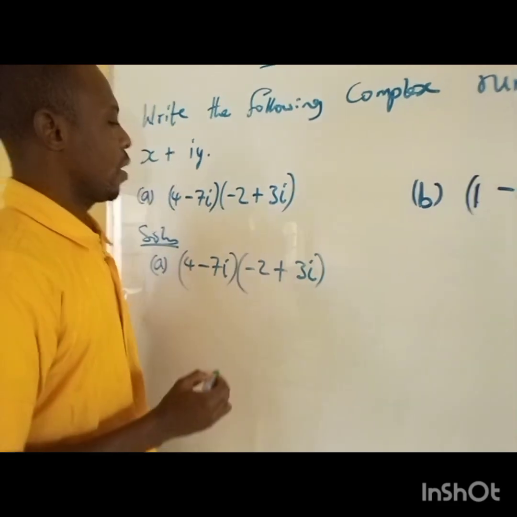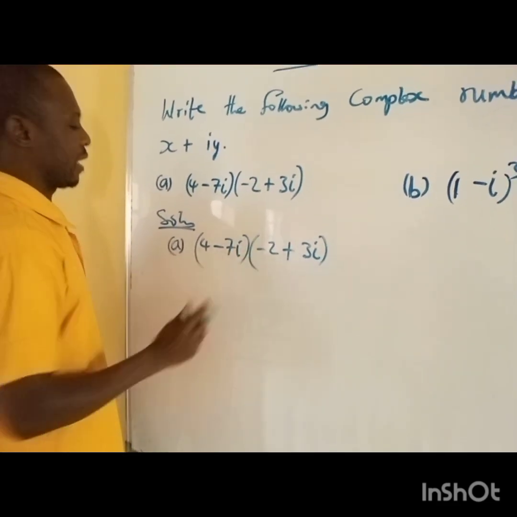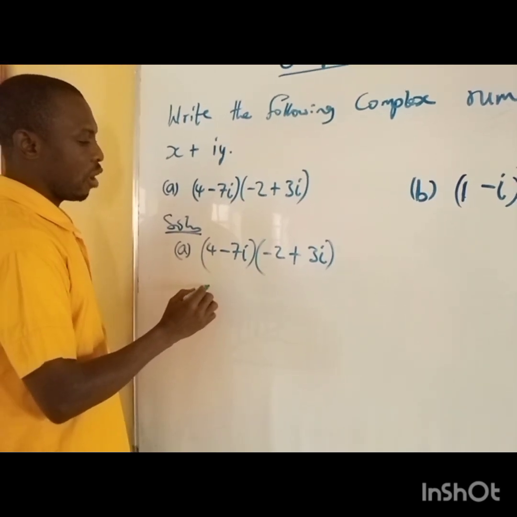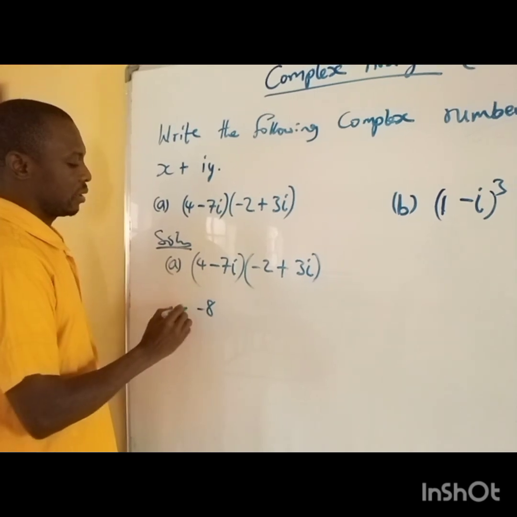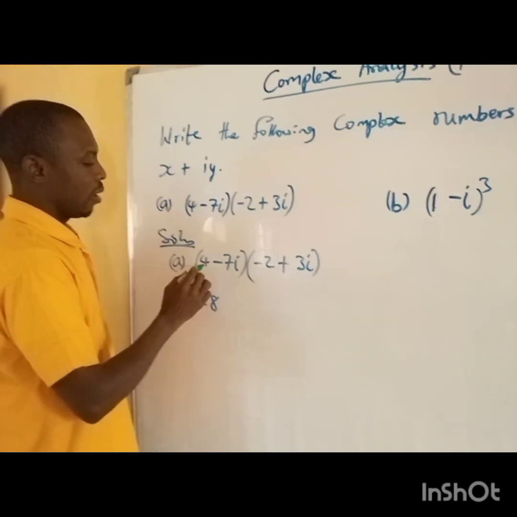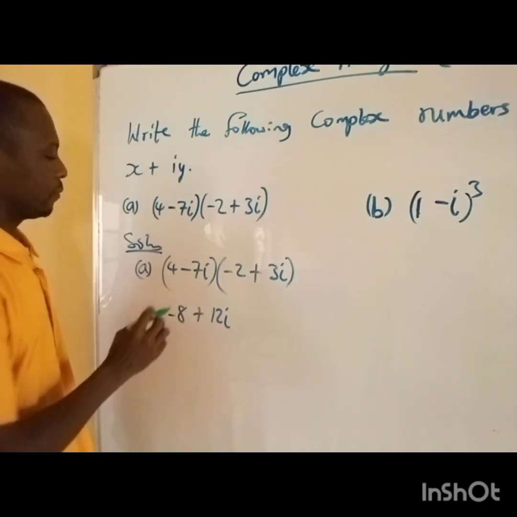3i. Now we'll open the bracket by multiplying the content of the first bracket with the other. So 4 times minus 2 gives us minus 8. 4 times 3 gives us 12i.